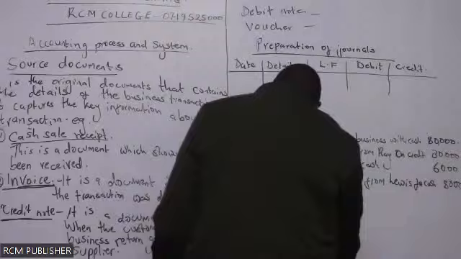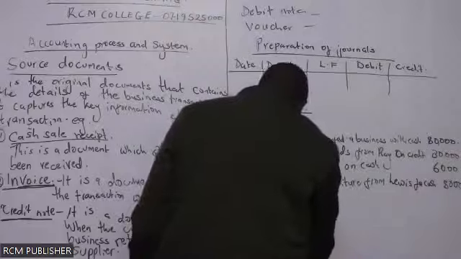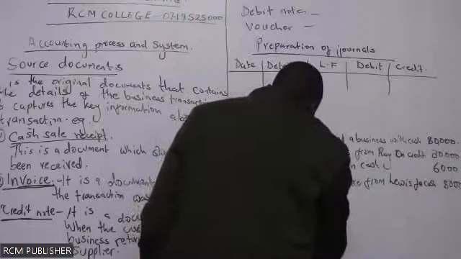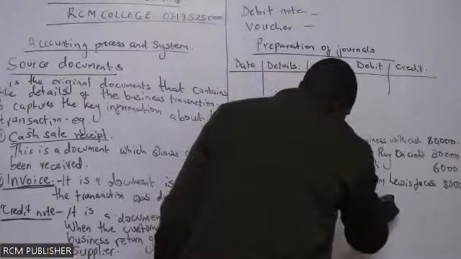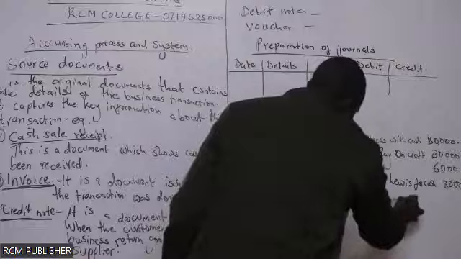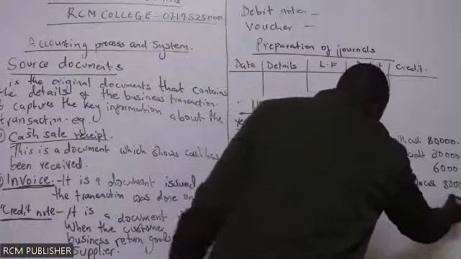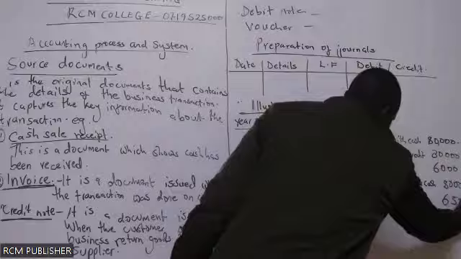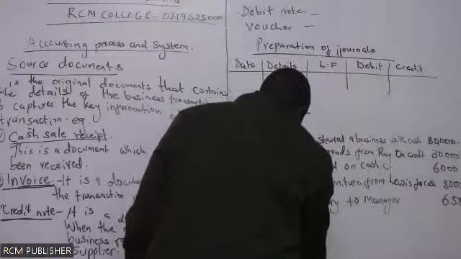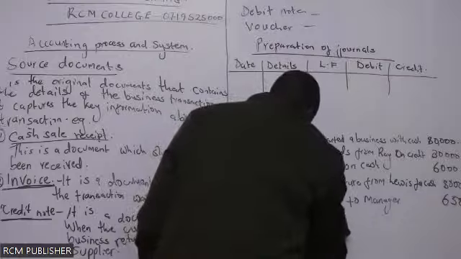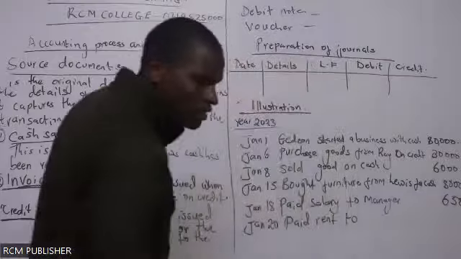What happened on January 18? Paid salary to the manager. Gideon has a manager. You can say maybe salary of 6,500. Then the last one on January 20, maybe paid rent. Paid rent to, who is the landlord here?